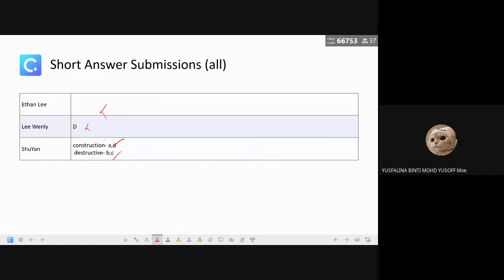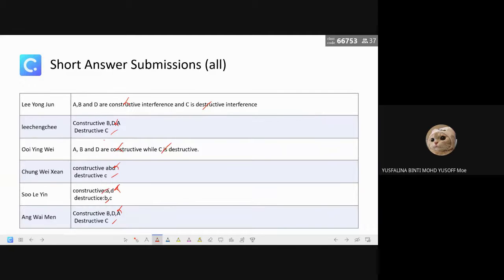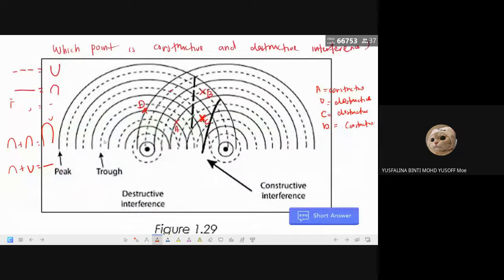Teacher, D is on the two crests. Wait, let me check first. B is constructive. C is destructive, right? D is constructive. Yes, correct. No wonder. D is, yeah, this is actually constructive.